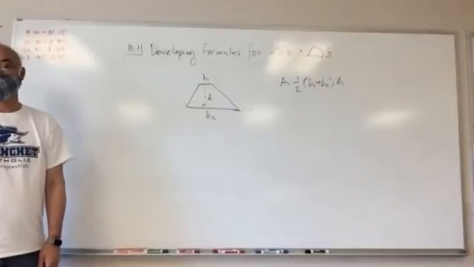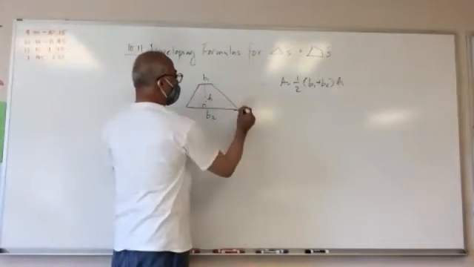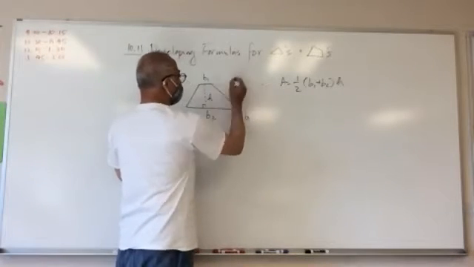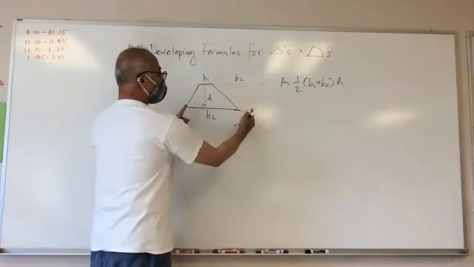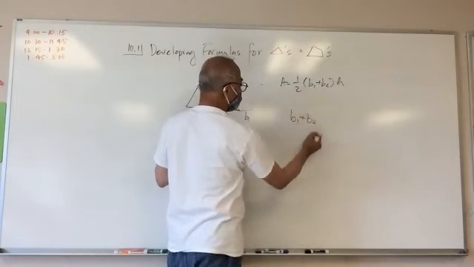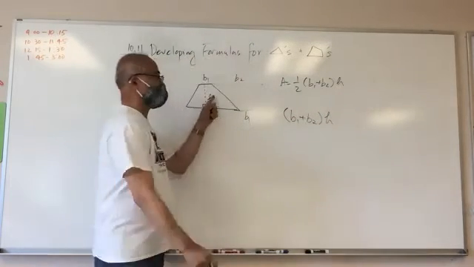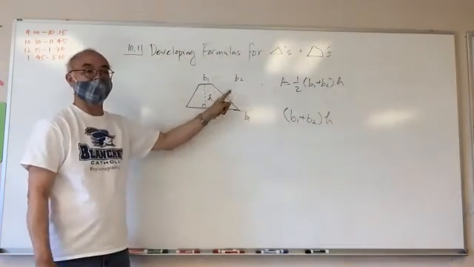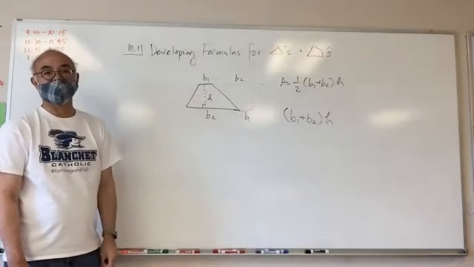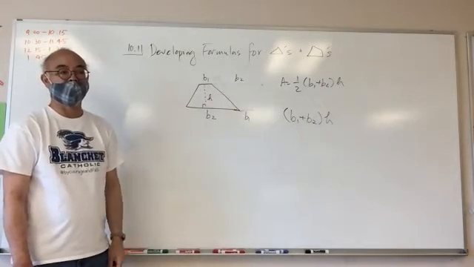Base times the height, right? What's my base now? Because this is B1, that means that this guy is B1, this is B2. So now my base is going to be B1 plus B2. Multiply that by the height. That is the area of the parallelogram. But I want to know what the area of the trapezoid is, and it's actually going to be exactly 1/2 of that, because I have two of them.